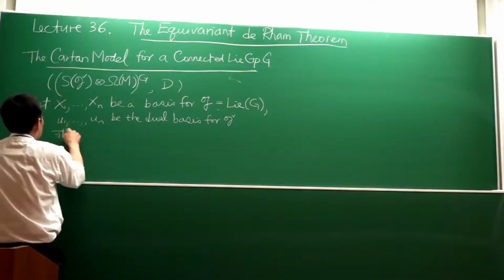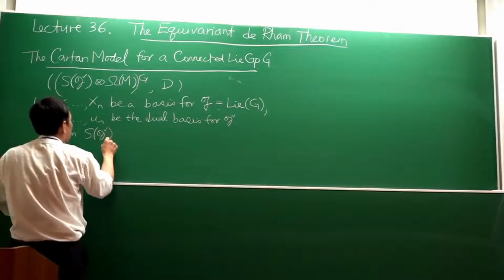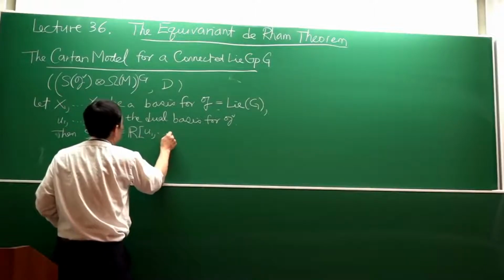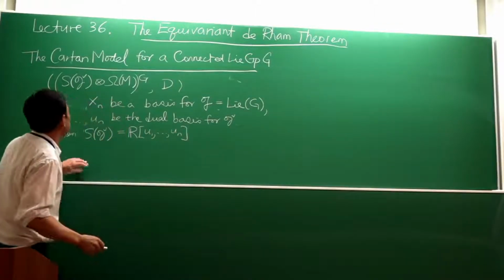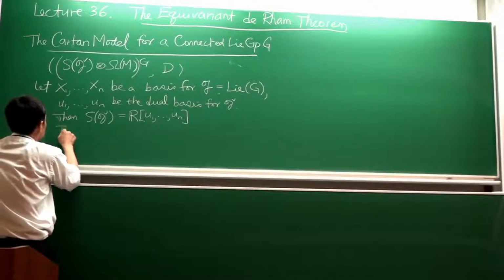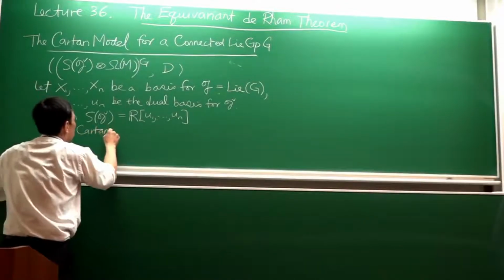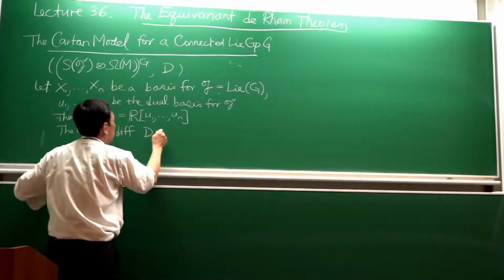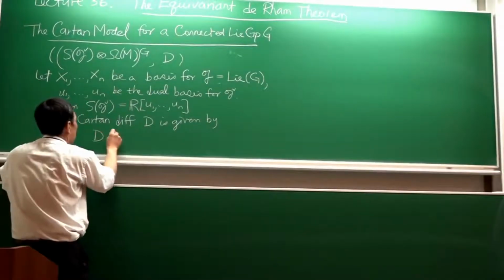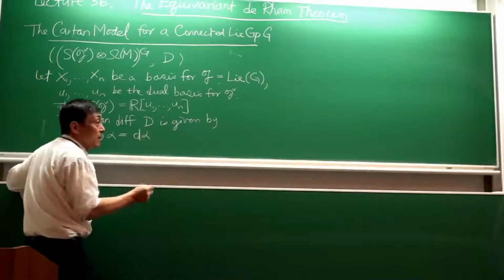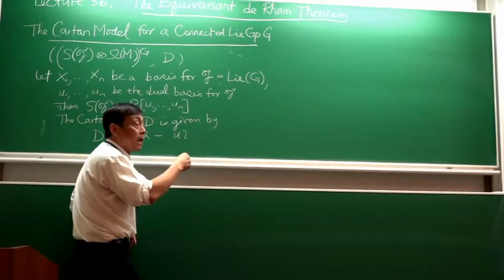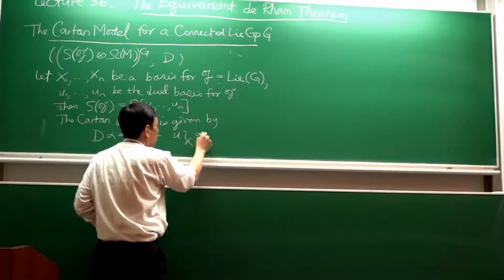Then S of g dual consists of the polynomials in u1 to un, and d, the Cartan differential, is given by d alpha minus, now for the circle bundle, it's just u i_X alpha.